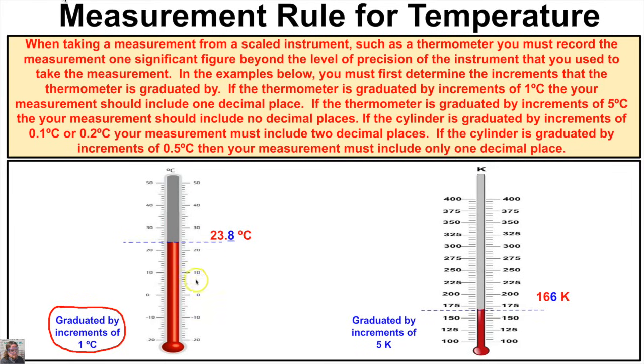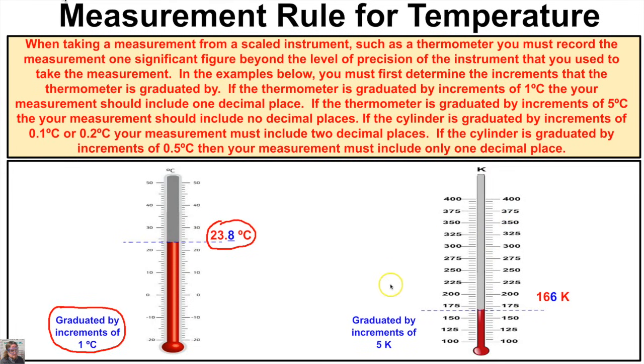So the thermometer here is, we can call graduated by 1 degree Celsius increments. Therefore, the reading of the temperature here is going to be 20, 21, 22, 23 with 100% certainty, and we're going to have to estimate one significant figure beyond the level of certainty. So if we take a look, it's graduated by increments of 1. We need to go 1 beyond that to the 10th place. And so we estimate that this is going to end up being 23.8 degrees Celsius.